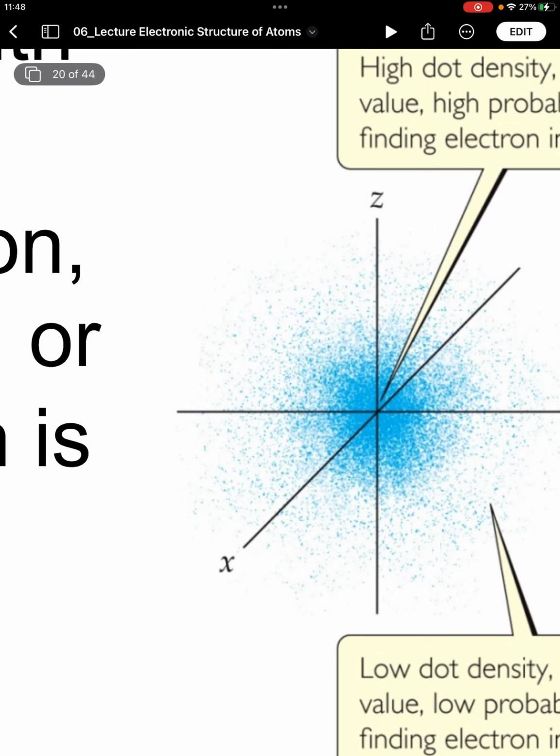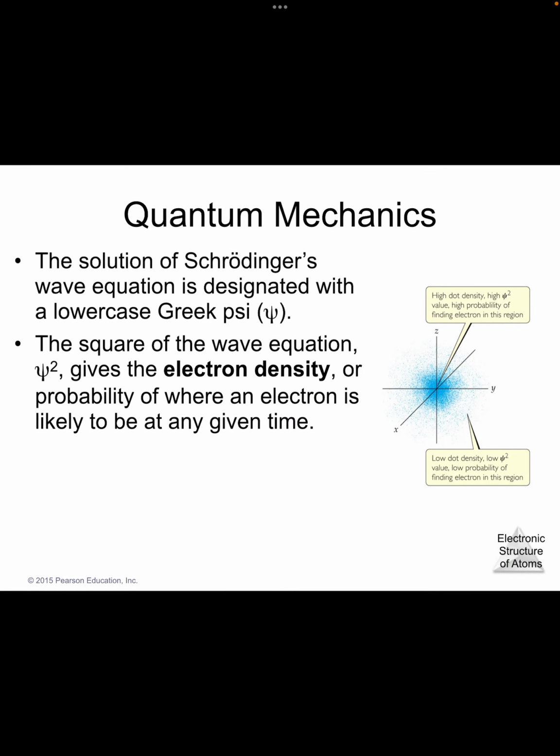the electron cloud we draw with increasing density where there's a higher probability of finding the electron. Okay? These orbitals are probabilities.